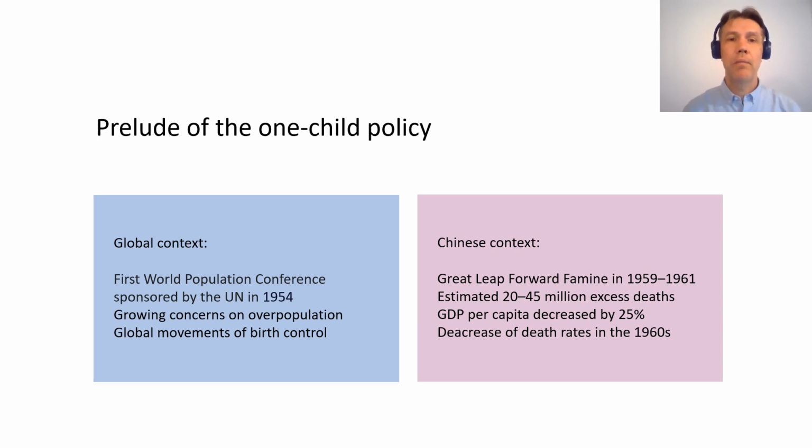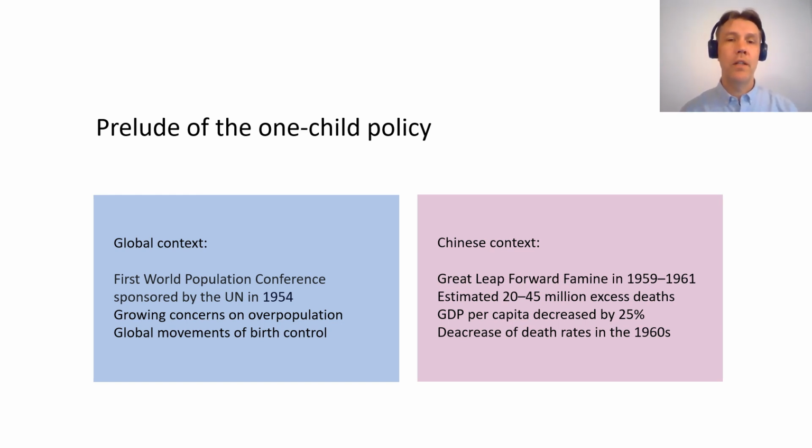It reached from 1 billion to 2 billion within 127 years, but from 2 billion to 3 billion in 1960 with only 33 years. And this raised growing concerns on overpopulation and global movements of birth control. And also the first population conference sponsored by the United Nations was held in 1954.